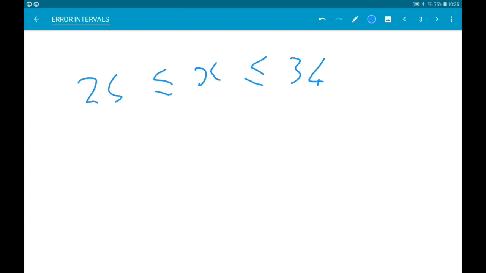So I could say 34.9, 34.99, 34.999, etc. So to cut out that silliness, that is why we use the strict inequality with the first number x cannot be.